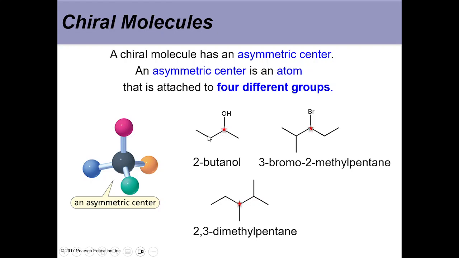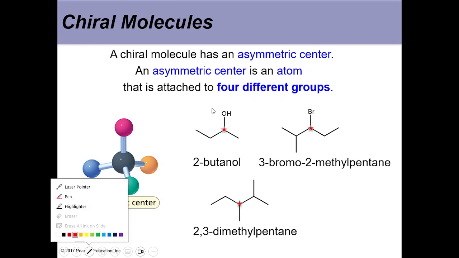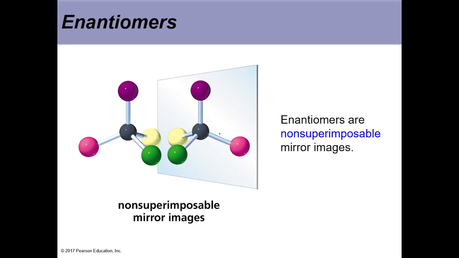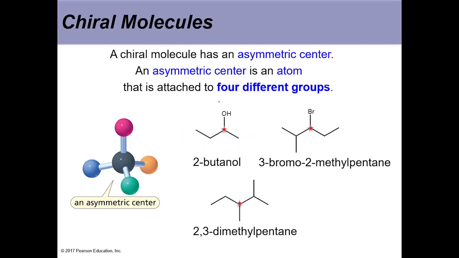You can see that even though no hydrogen is showing on any of the carbons, on this carbon there's 1 substituent, 2 substituents, and 3 substituents. And then the other substituent that's not shown is hydrogen, which is obviously different from everything else.